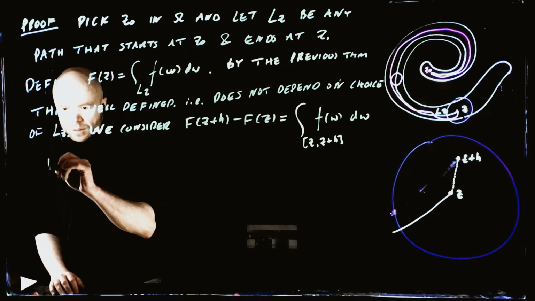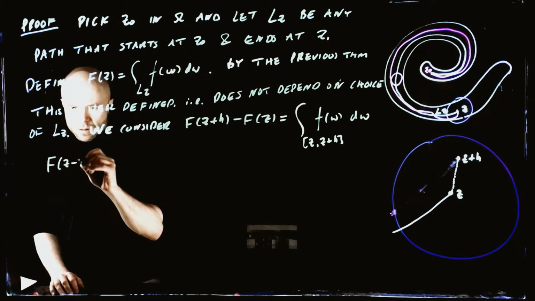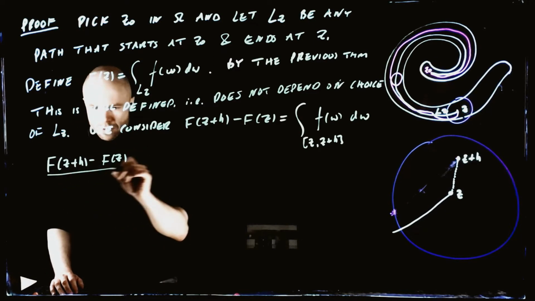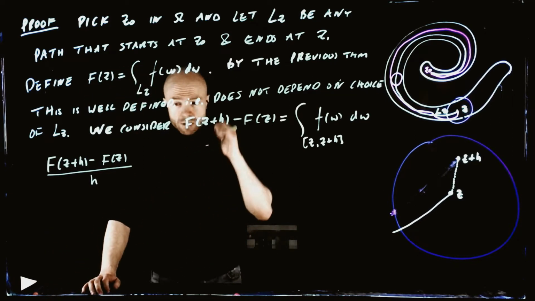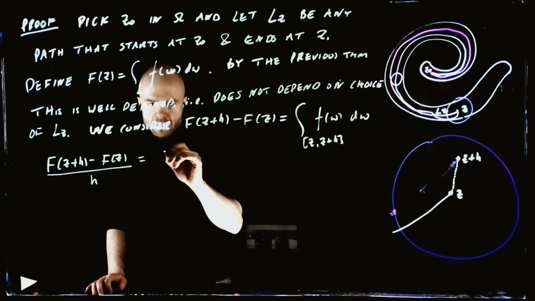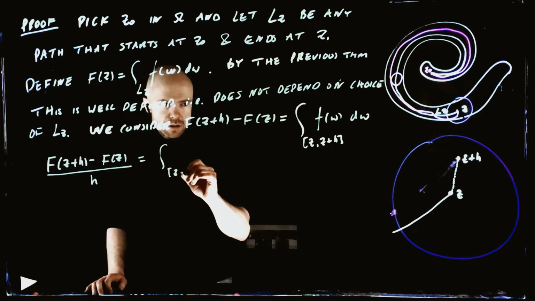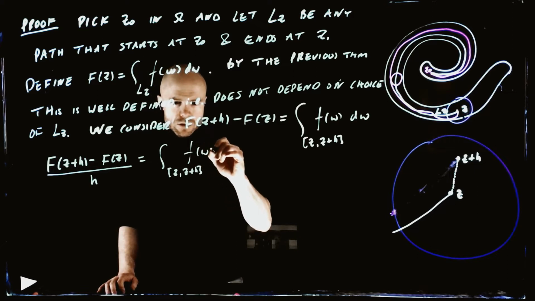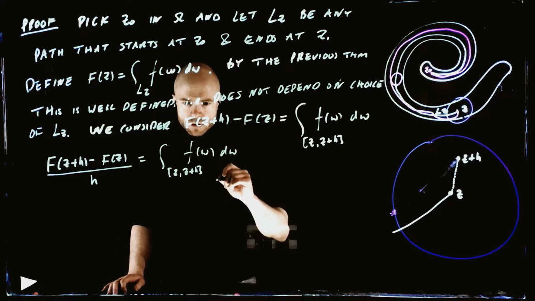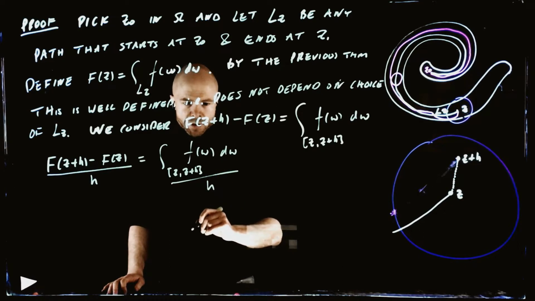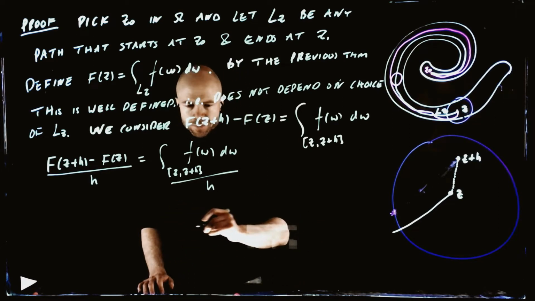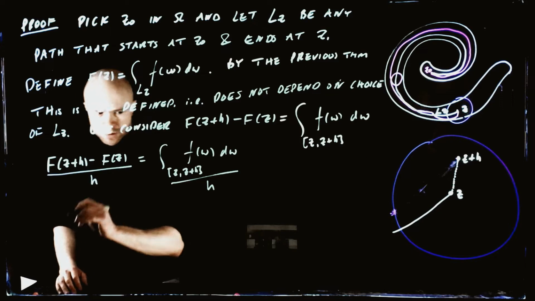All right. If we just look at this expression, this is just given by this over h, right? And as we look at this expression pretty closely, look at this.